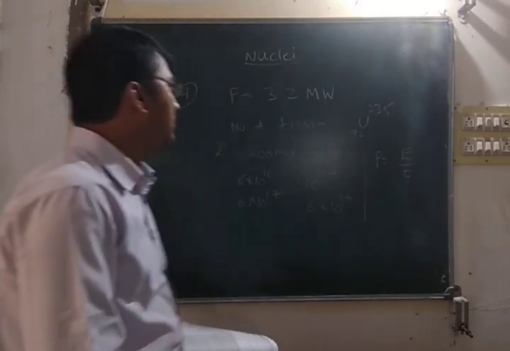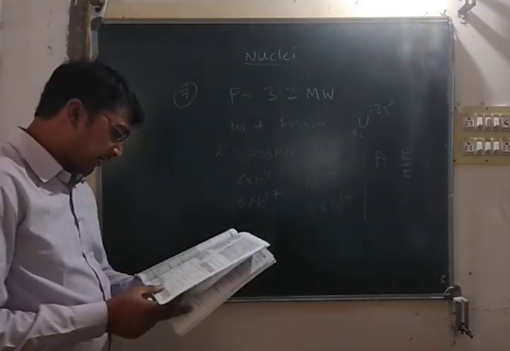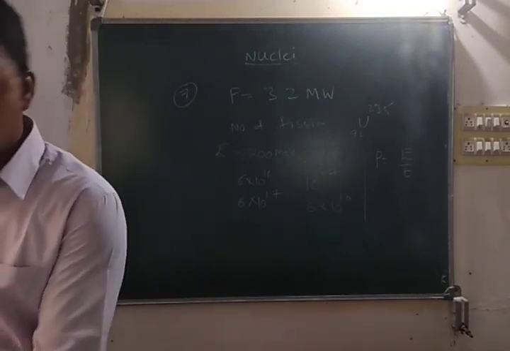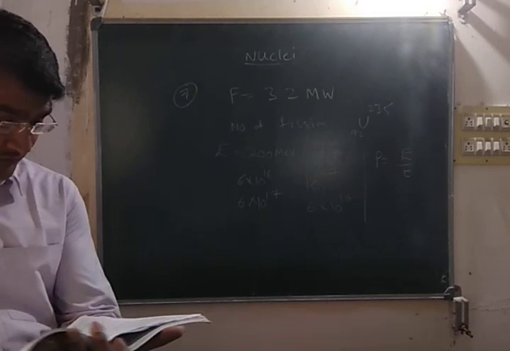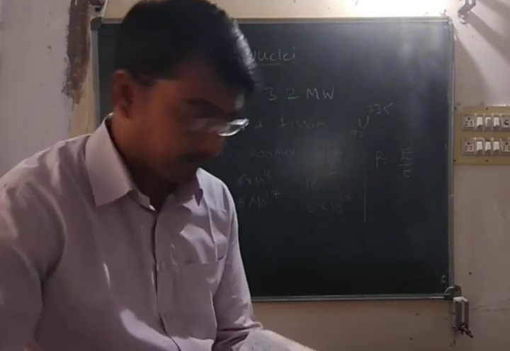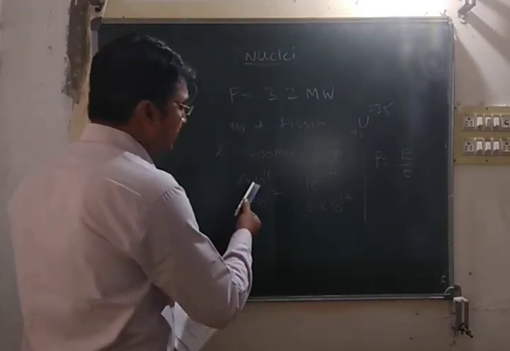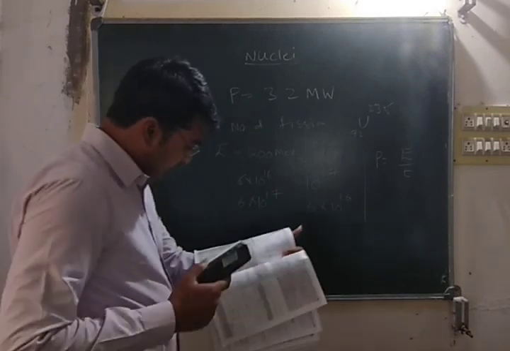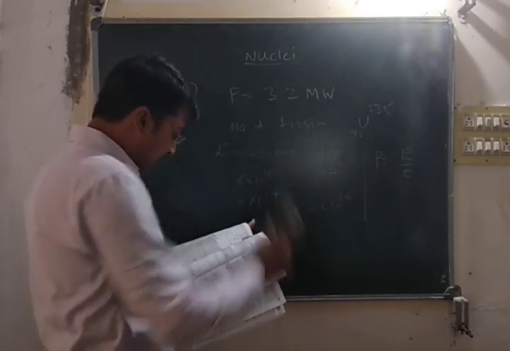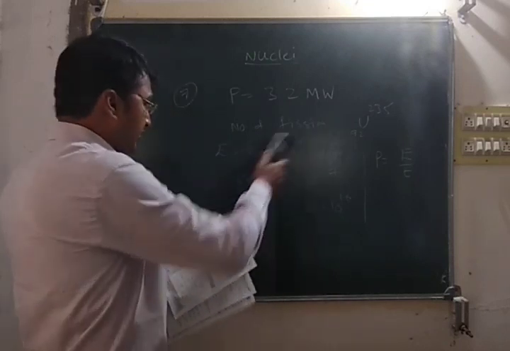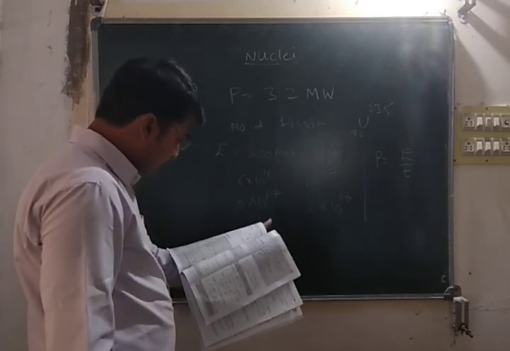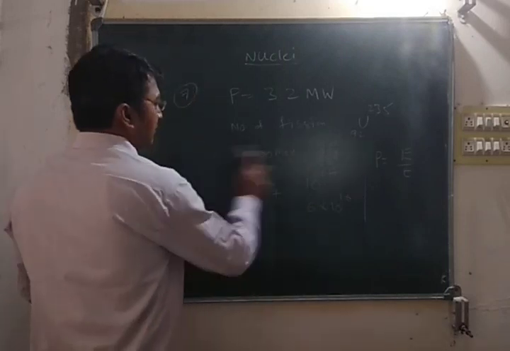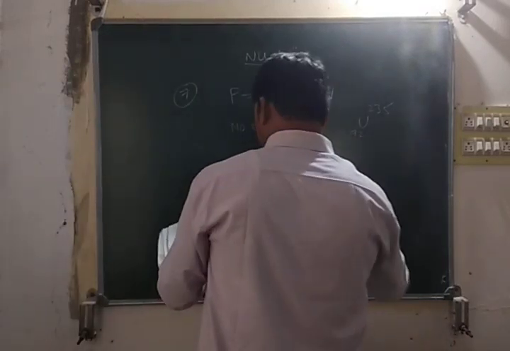For uranium 92 235, these are the options. Please note down: the energy released for each fission is 200 mega electron volts. You can convert it into joules. Then we should find the number of fissions in uranium 92 235.